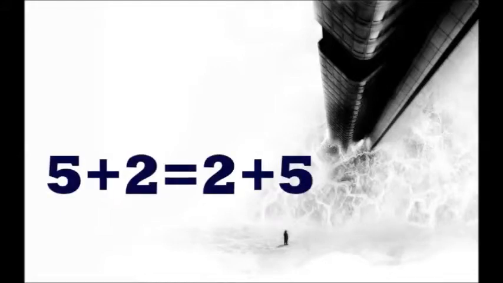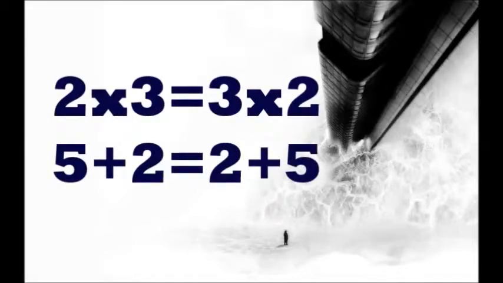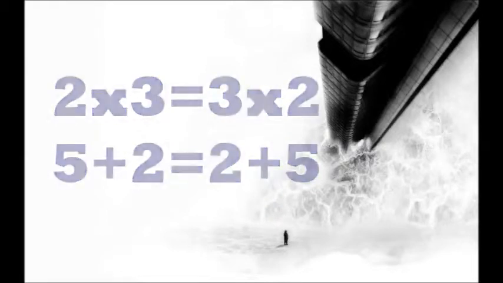Another example, 5 plus 2 is equal to 2 plus 5. You might notice in the following examples that no matter how you disarrange the numbers, the result is still the same.